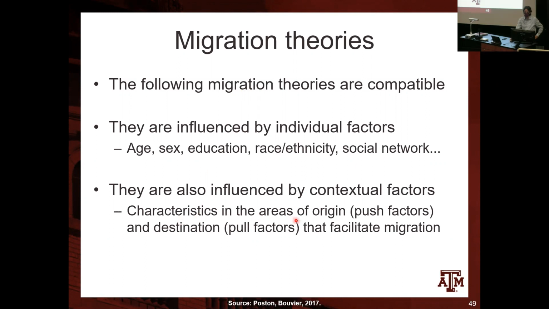So the characteristics in areas of origin and destination might facilitate migration flows. And the characteristics in areas of origin are exactly the push factors. What are the facts that make people get out of those areas? And the pull factors are the factors in areas of destination. What makes those destination areas attract more migrants? So those are the pull factors.